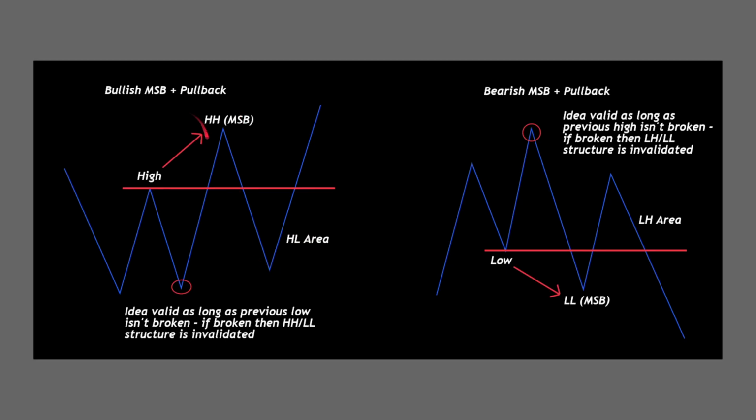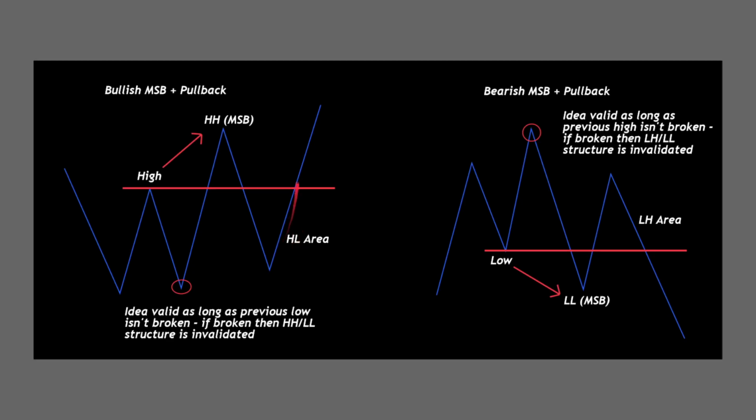Now, this could still be considered a bullish market structure break, because the idea is still valid as long as the previous low is not broken. If the previous low is broken and price falls below that, then the higher high and higher low structure is invalidated, right? This entire structure is invalidated.